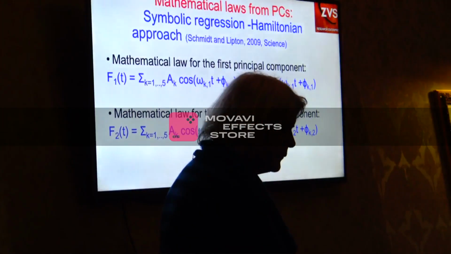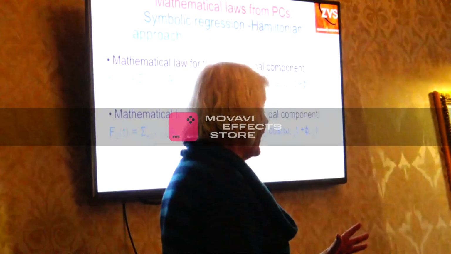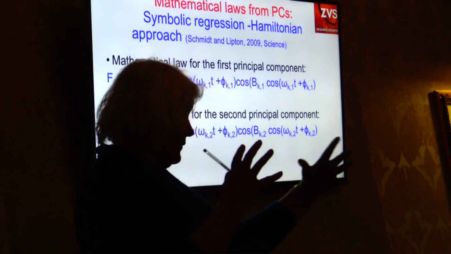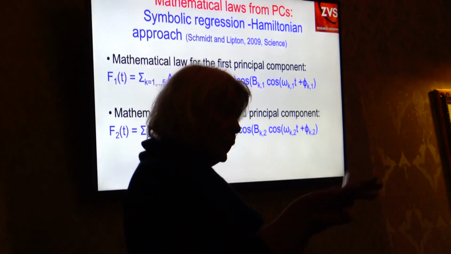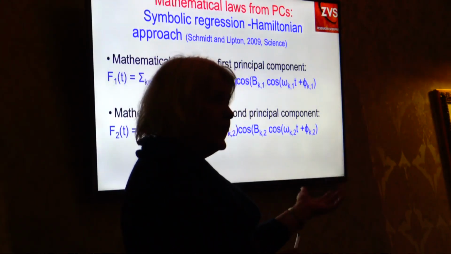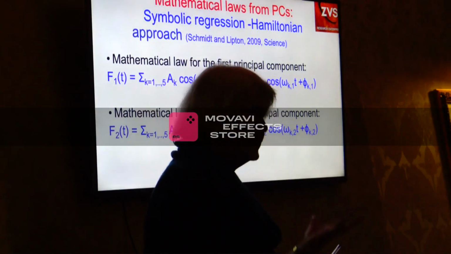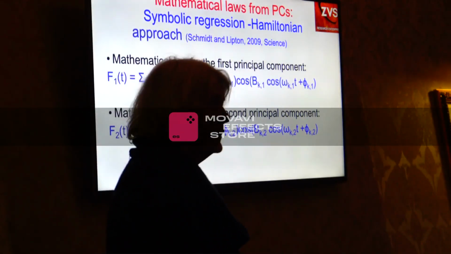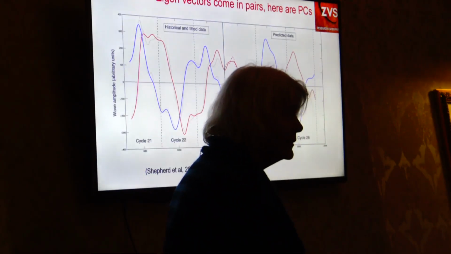At that time, Schmidt and Lipson offered free software called Eureqa, in which, if you have a clear wave, like we separated into two principal components and cleared all the noise, you put it in and it gives the formula for each wave. This is the formula for blue, this is the formula for red, analytical formulas that describe these curves.